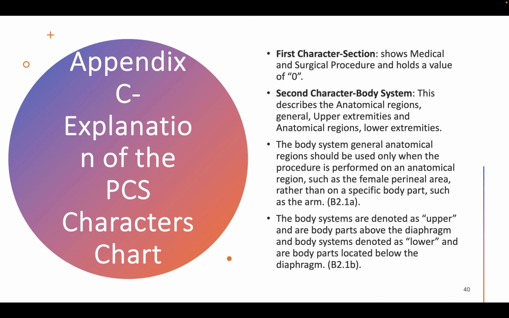The body system general anatomical regions should be used only when the procedure is performed on an anatomical region such as the female perineal area rather than a specific body part such as the arm. Sometimes when you go to put in a code, you can find a region or an area that is close, but it's not necessarily identified. So you have to go by the closest anatomical region. The body systems are denoted as upper or lower depending on the diaphragm. Remember, your diaphragm is the equator.